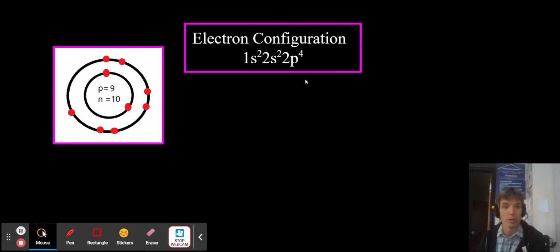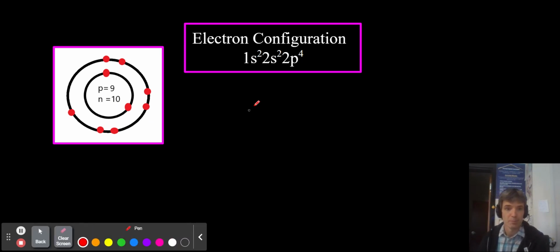Now, how about this one? Well, we already did that one. This is interesting. Let's do it for fluorine. This should be 2p5. What's that one going to look like?